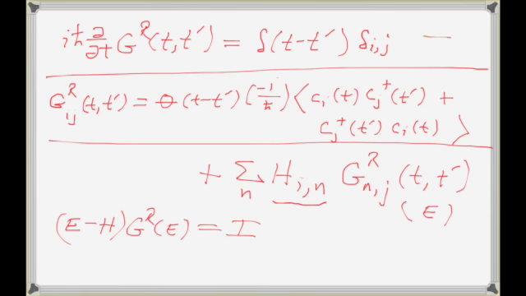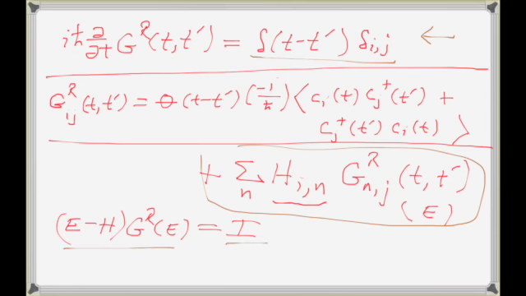So this is from iħ d/dt acting on the step function. I get that term. And from it acting on the other stuff, I get this term. And so you put all that together, and going into the energy domain, this just becomes your identity on the right-hand side. This is just like what we had for our G less than.